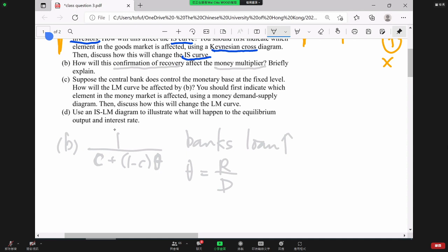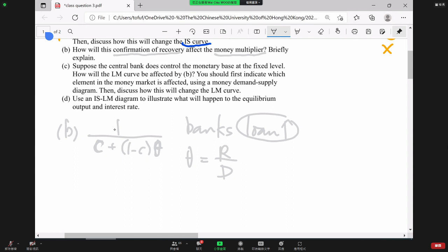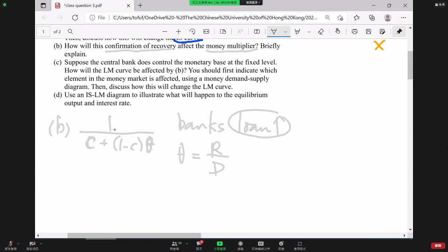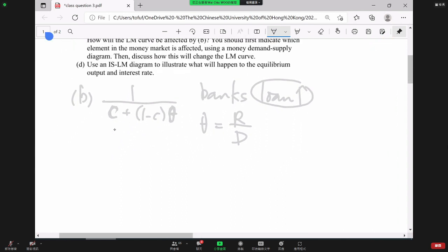Of course, before you have the boom, before you have the recovery, bankers are often conservative, as we mentioned last time, right? But now if they look at a brighter future, they are more willing to make more loans. Basically, bankers are holding reserve and loan.